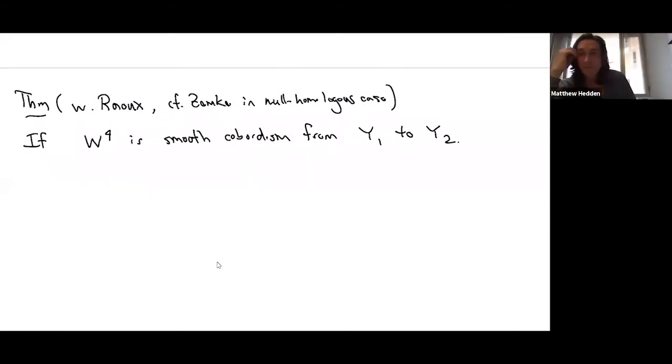So I want to have some Floer homological assumption that mirrors the non-vanishing of the Seiberg-Witten invariant in the closed case. And that's going to be provided by the following condition on a cobordism-induced map by a spin-C structure on that cobordism.